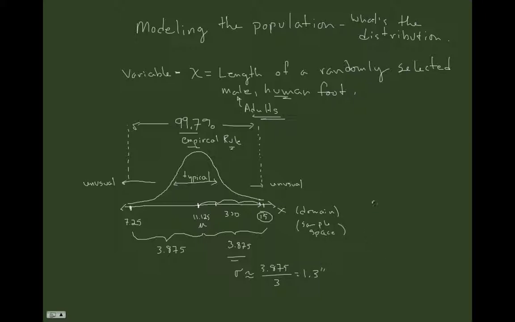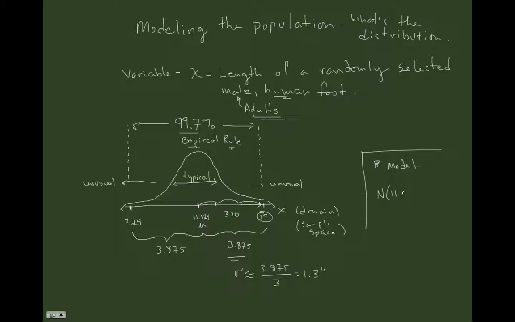And so based on these assumptions and this analysis, I'm going to model the population as follows. Here's my model. The population is normally distributed. Here's some notation, foreshadowing some ideas to come.